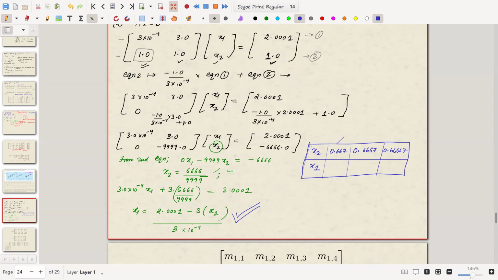Which one? The last one is 0.3... minus 3 you're getting. Oh, exactly. It's not minus 3.33.